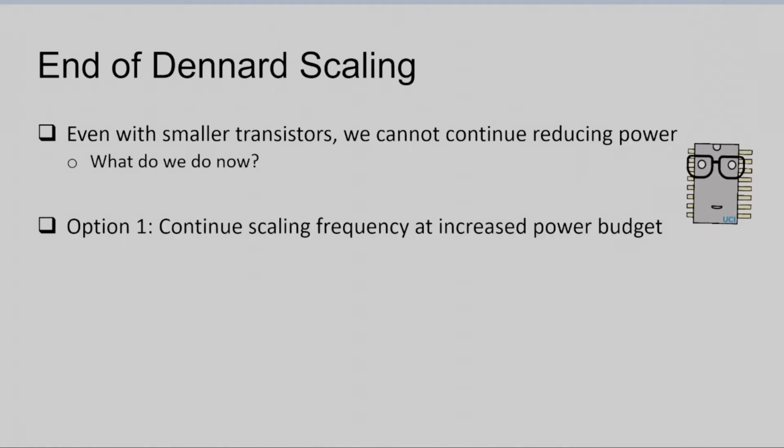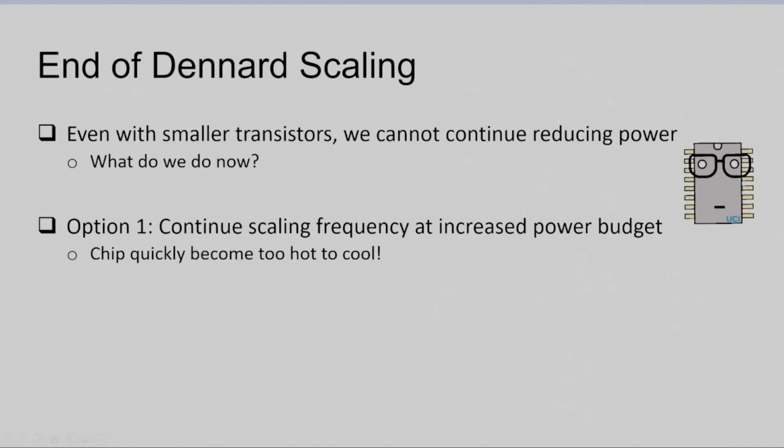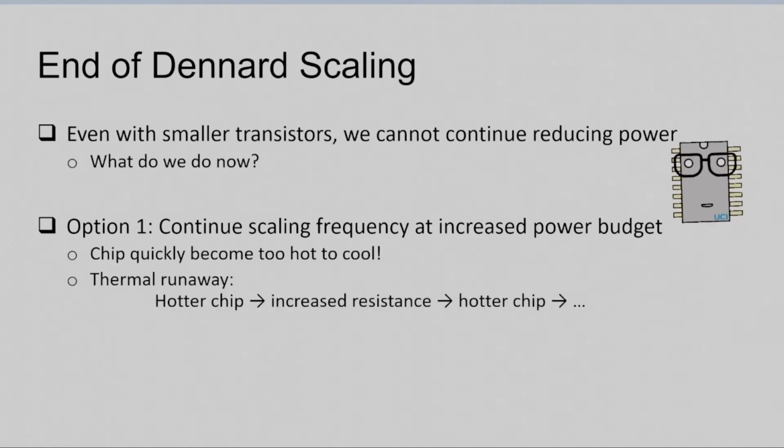One option to continue scaling performance, because we always want more performance, in light of Dennard scaling ending would be to continue scaling frequency at an increased power budget. Yes, it's going to require more power, but we'll just plug in a bigger power source, bigger heat sinks. The problem here was that the chip quickly becomes way too hot to cool, compounded by a thing called thermal runaway.